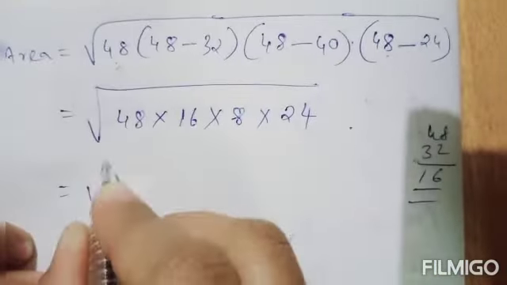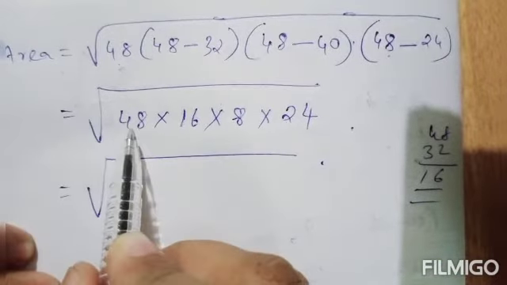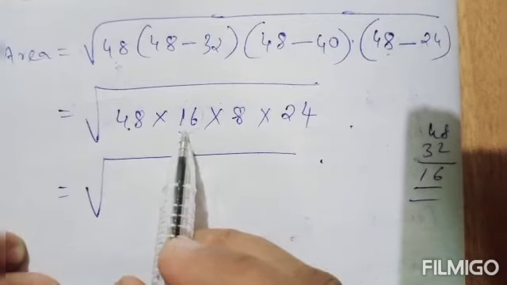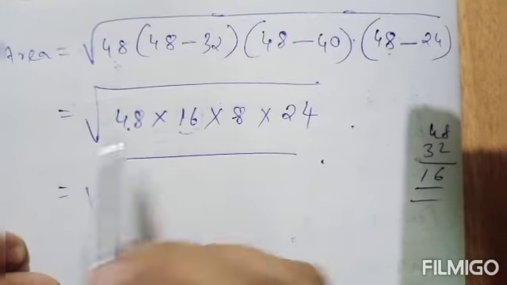Now do the prime factorization of 48, 8 and 24. 16 is a perfect square, so there is no need to do its prime factorization. You can take the square root of 16 outside.